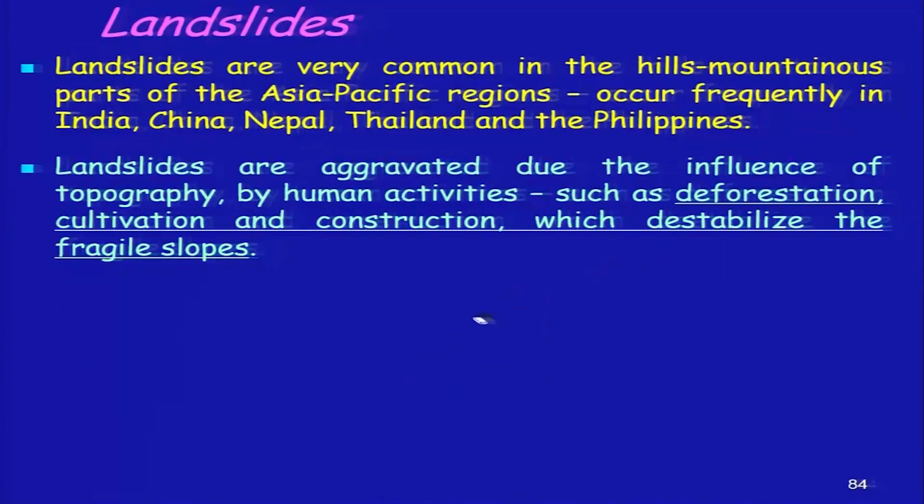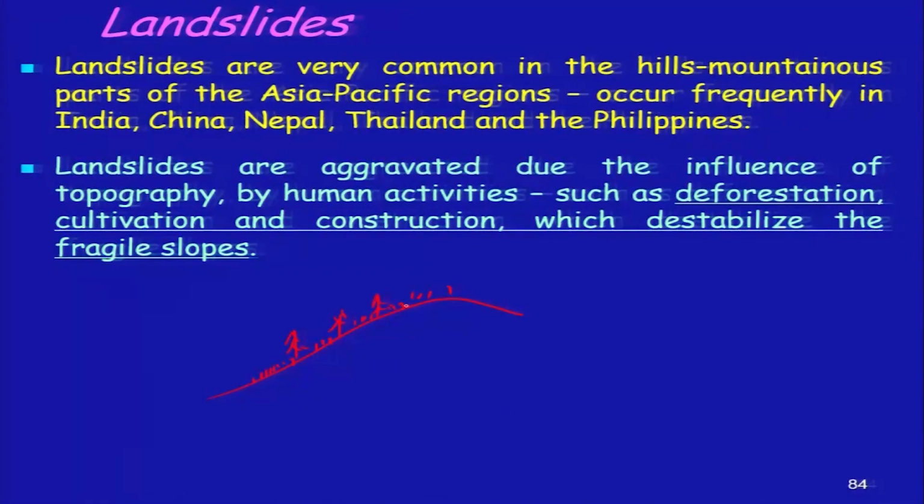Another factor is deforestation. We keep on talking about deforestation. We also learn at the school level that deforestation is not good, but definitely if you keep exposing the slope. If you have a slope full of trees and vegetation, then definitely this will help in holding the soil over the slope.